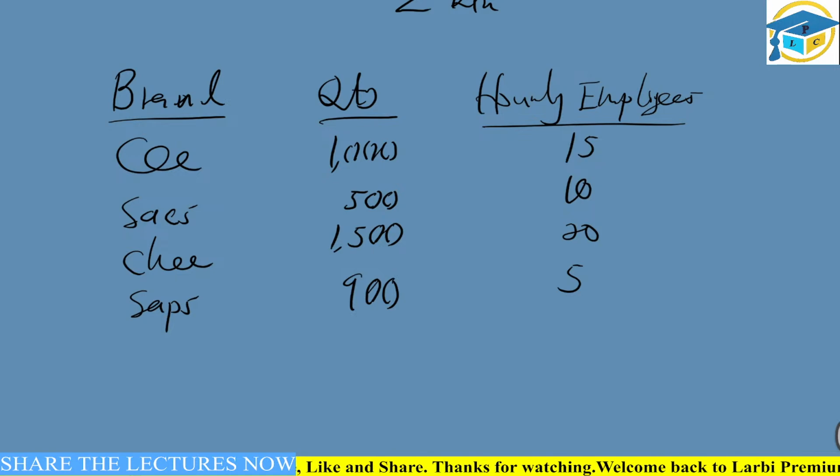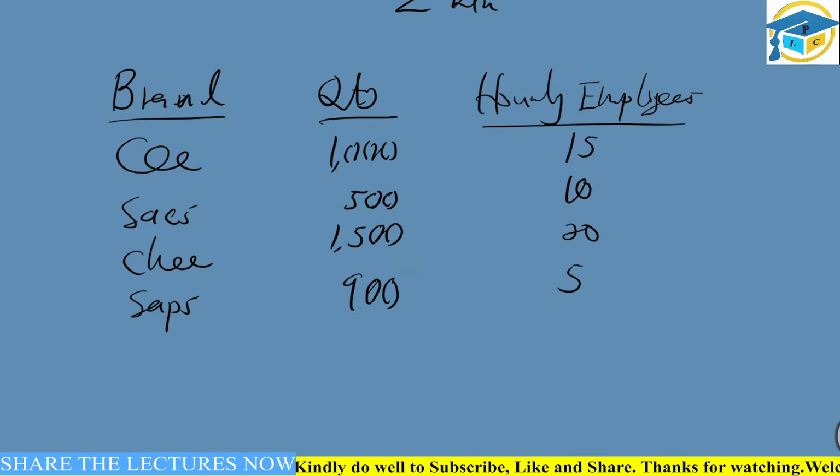So based on this information, we are asked to calculate the mean for this data. So you see that we have the quantity for each brand, and we have the number of employees who produce that quantity. So here the data values under consideration are the quantities, but based on that we have the number of hourly employees who produce them.